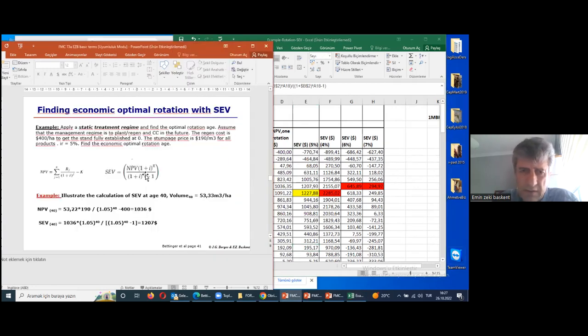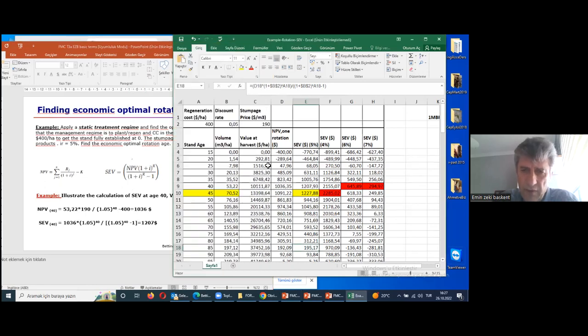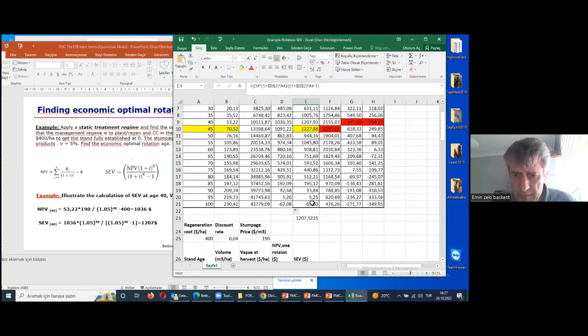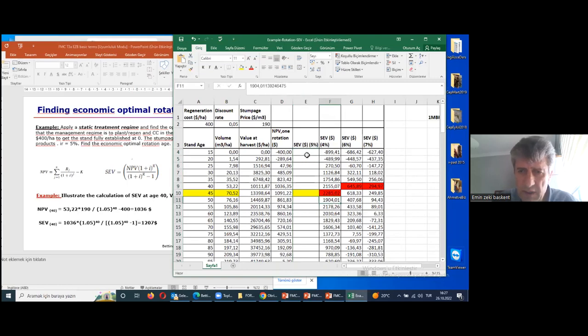Remember this formula on the left-hand side. We'll be using the soil expectation value formula. First, we calculate net present value for each age being a rotation period, and then we'll calculate the soil expectation value. Now we'll calculate the soil expectation value.